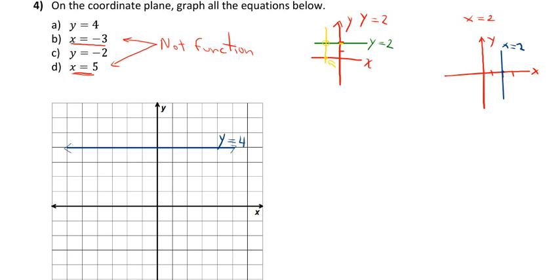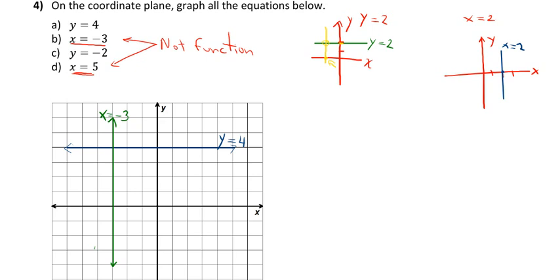This one is going to be intersecting the x-axis at -3, which is here, and it goes vertically, so it is going to be like this. Like that. And the name for this one is going to be x equal to -3.